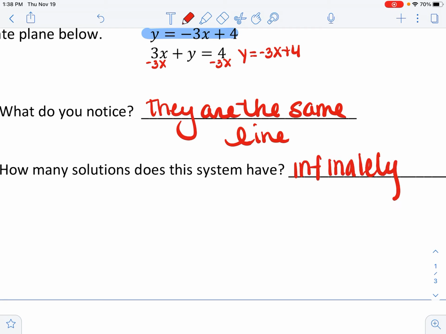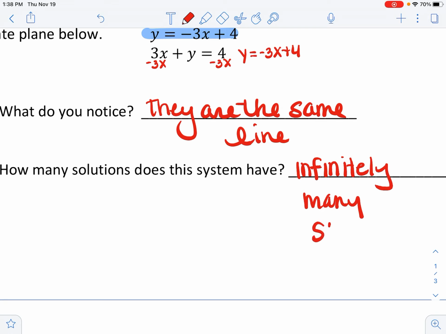So how many solutions does this have? This has infinitely many solutions. And I spelled infinitely wrong. Wow, I can't spell today. Infinitely.